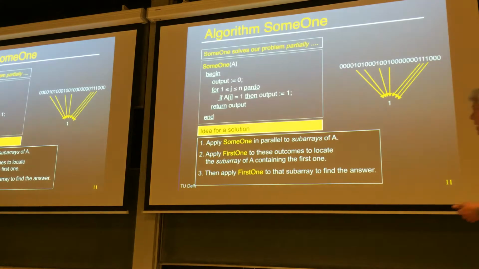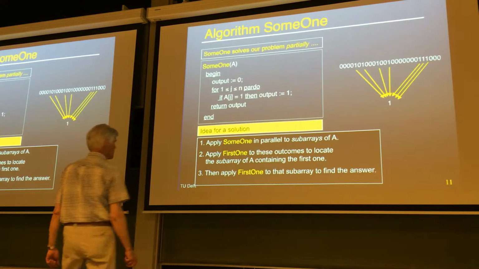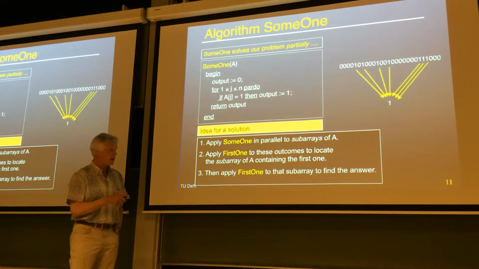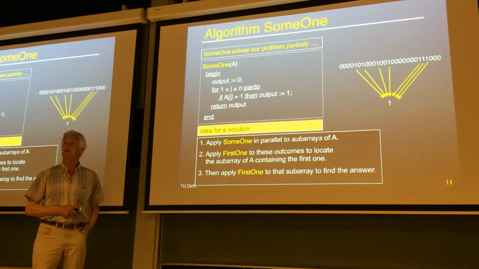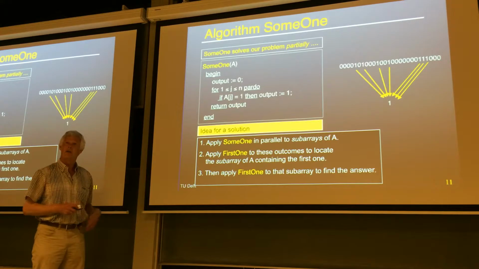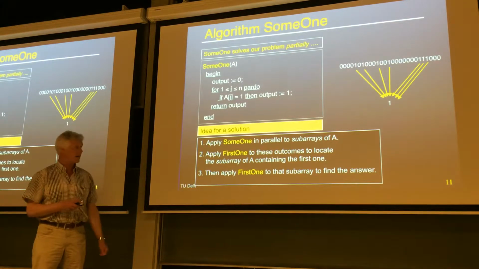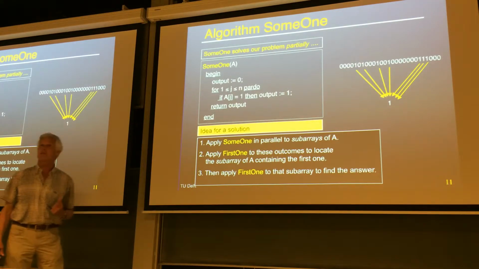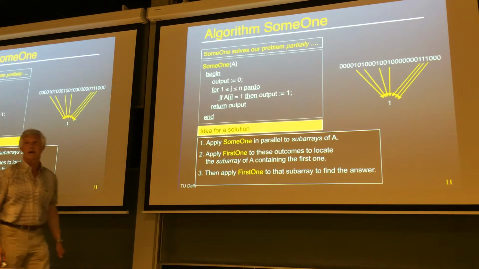So the idea now is we apply sum1 in parallel to the subarrays of A. Then we apply first 1 to these outcomes to locate the subarray of A containing the first 1. And then finally, once we have found in which subarray we can find the first 1, we apply first 1 to retrieve its exact location. And that combination will enable us to come up with a final solution.